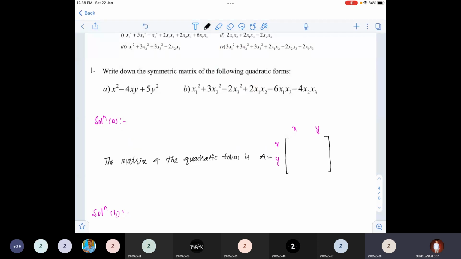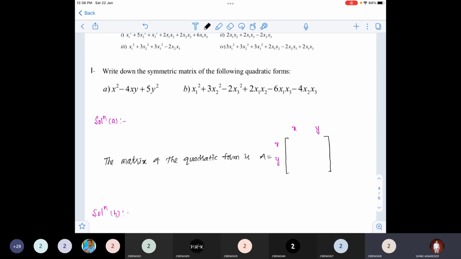Okay, all of you completed question a? Yes, sir. Here, how to write the matrix from the quadratic form, that you should know. Here capital A is equal to, first x into x. X into x means what? X square. What is the coefficient of x square? One.